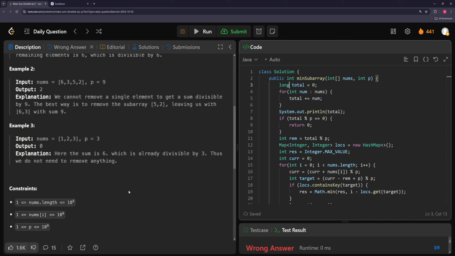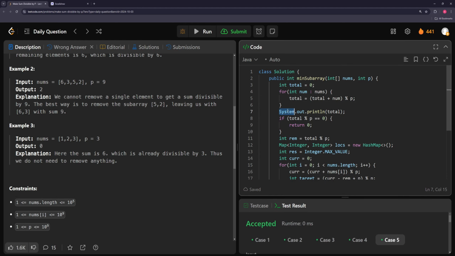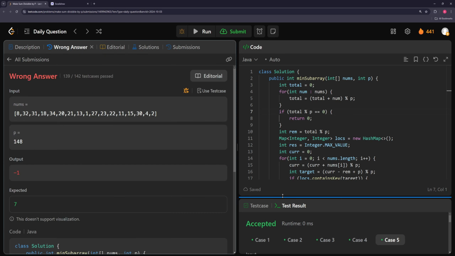I guess we can resolve that by modding by p at every step. Maybe that'll work as well. So hopefully that takes care of it, or we have to make it a long. Okay, well this is definitely not overflowing. So let's see what we did wrong.